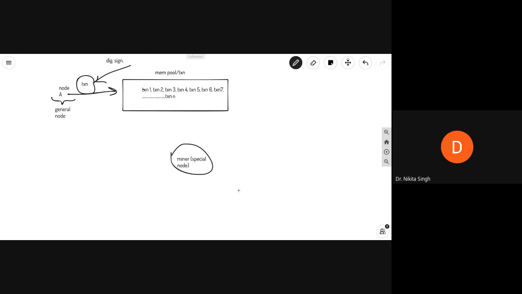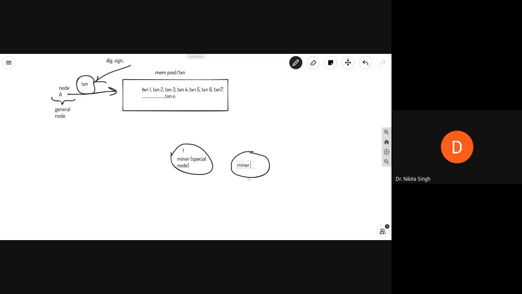So what happens is this miner node will pick up transactions from the memory pool. Suppose this is miner 1, we will have several miners present.